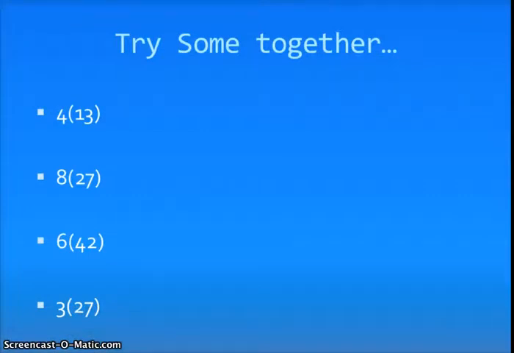Looking at 14 times 13, we can take 4 times 10, and we'll break the 13 up into a 10 and a 3. And then we'll add 4 times 3. And that will equal 40 plus 12.